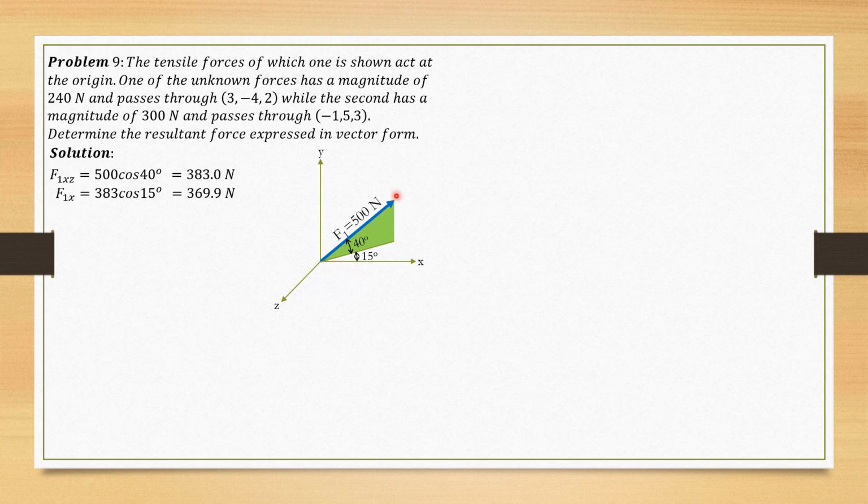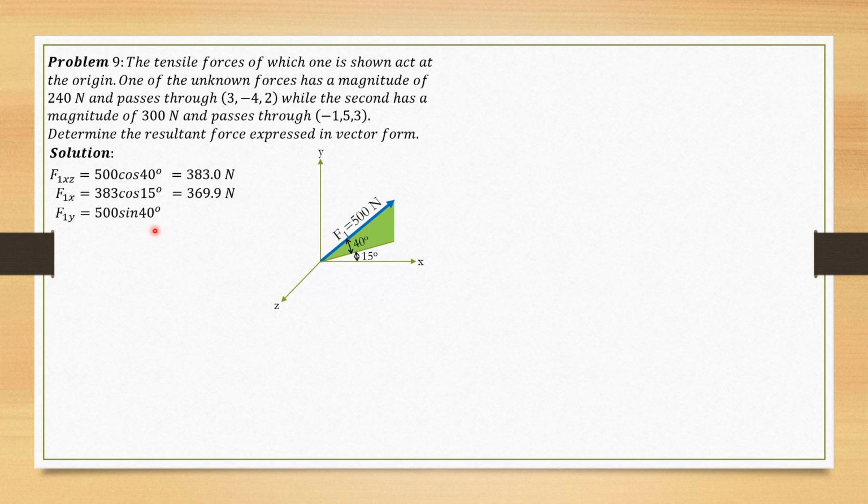We already experienced force resolution of this type, so I hope that you now follow this solution. No more drawing of the top view. Then F1y is this vertical component, so it is positive 500 sine of 40, or 500 cosine of 50 degrees because this is 50 degrees.